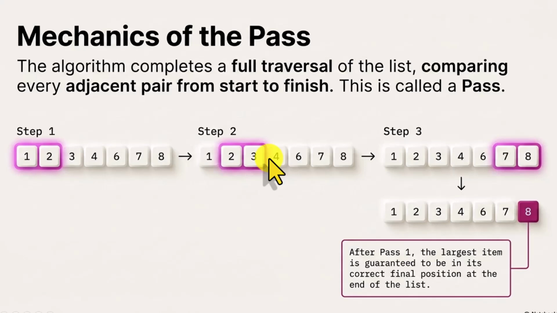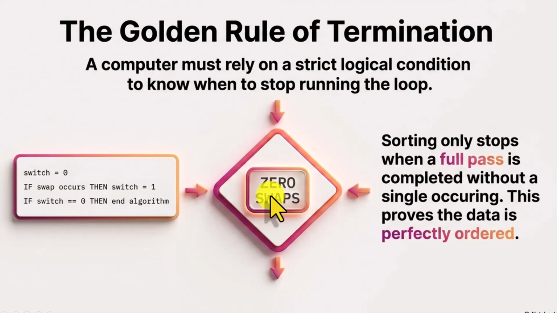In the mechanics of the pass, the algorithm completes a full traversal of the list from first till the end, comparing every adjacent pair from start to finish. This is called a pass. At the end of one pass, one element surely gets to its correct position.